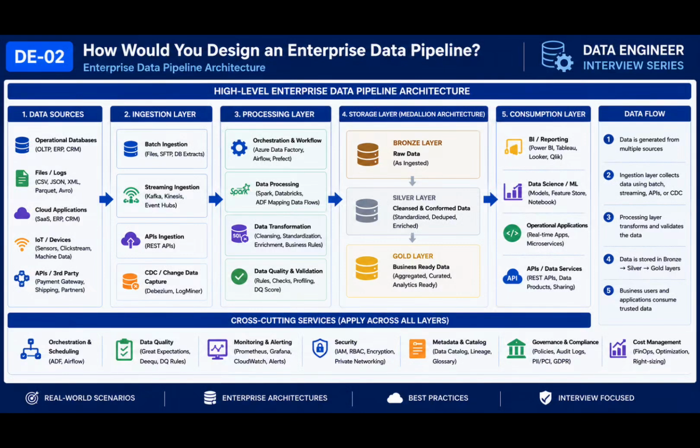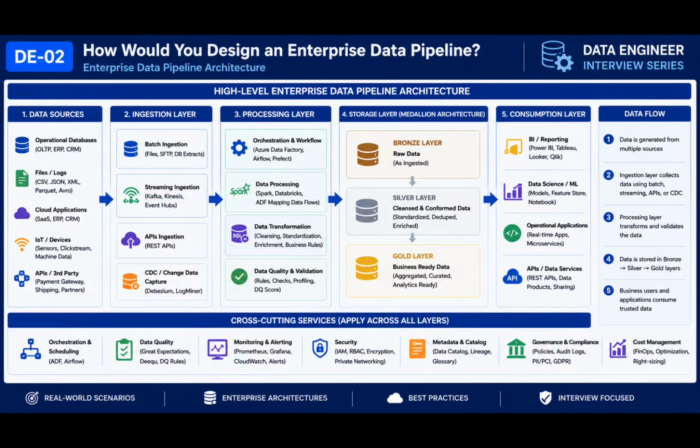Next comes the processing layer where data is cleaned and validated, standardized and enriched, and business rules are applied. Technologies commonly used include Azure Data Factory, Databricks, Apache Spark, or SQL.